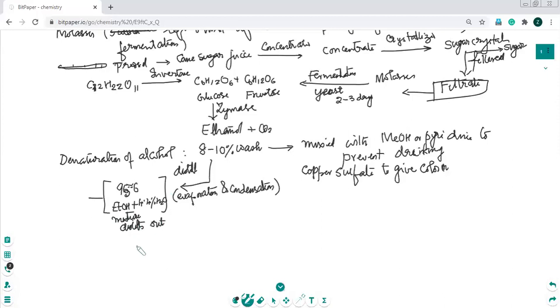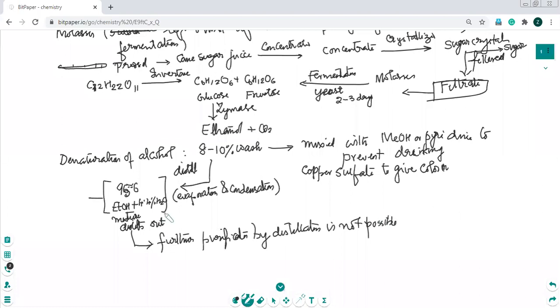So simple distillation will give only this mixture. Further purification by distillation is not possible. Hence, we call this an azeotropic mixture.